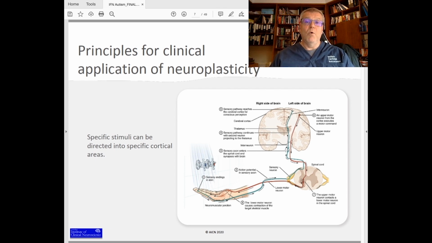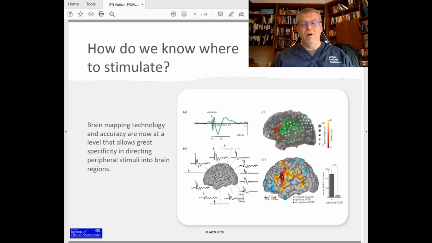And over the last, especially the last 5 or 6 years, we've gained a very, very detailed understanding of where these pathways go in the brain, and not only where they go in the brain, but where they go after they've been processed and modulated inside the brain, which is even more important. So we get a very detailed understanding through brain mapping technology that's available today.